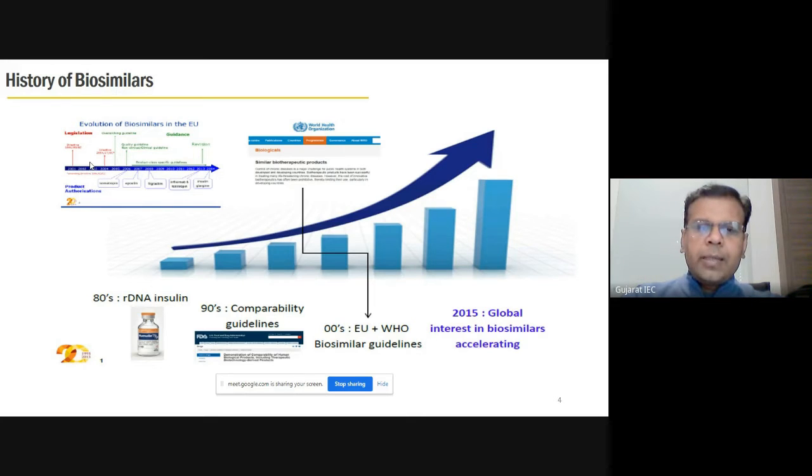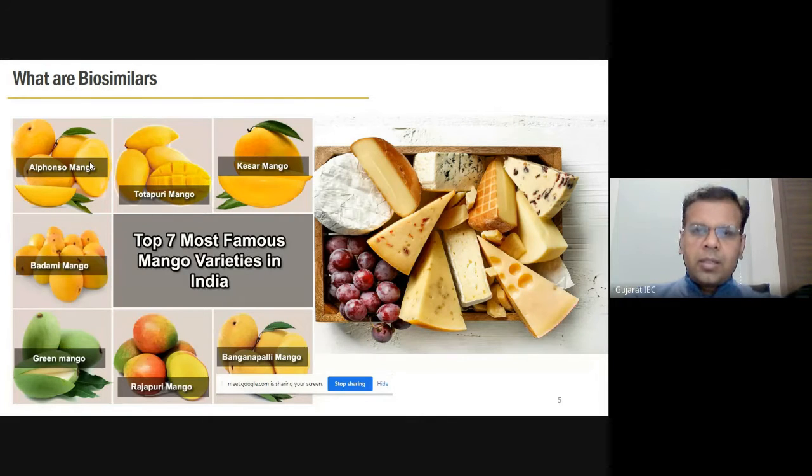They gradually came up with the biosimilar guidelines, and nearly by 2015, and today where we are at 2021, on the verge of entering 2022, there has been a drastic improvement in the way biosimilars have been progressing. So that's how important the biosimilars market is.